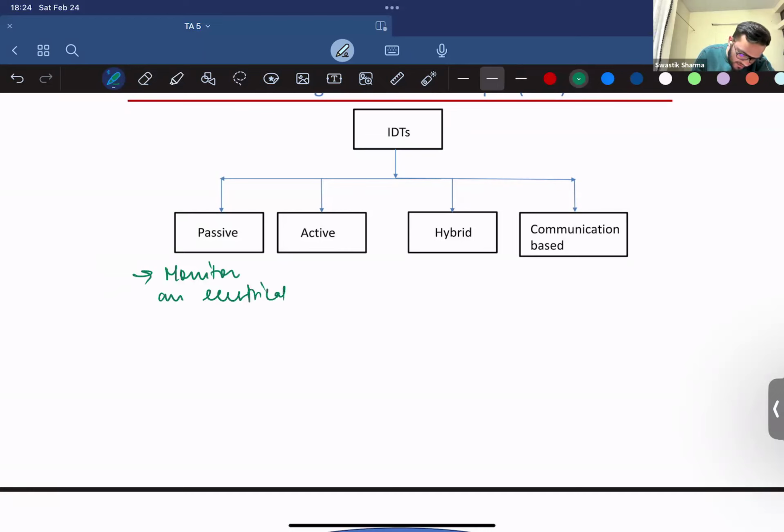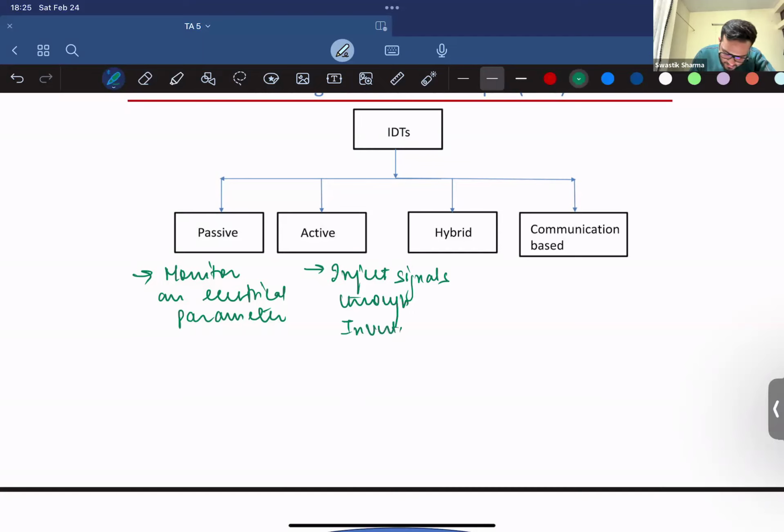It can be voltage, frequency, impedance, etc., where we check how it's deteriorating, and then we detect if islanding has occurred or not. Similarly, for active, we inject signals. How do we inject signals? It's through IBRs, inverter based resources.